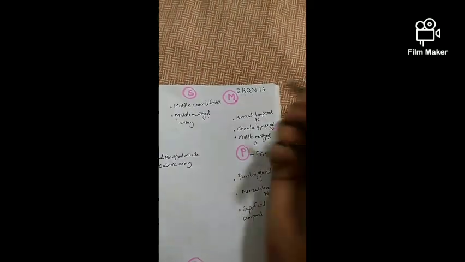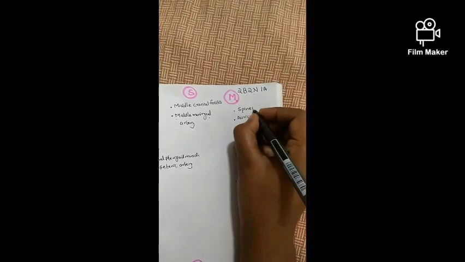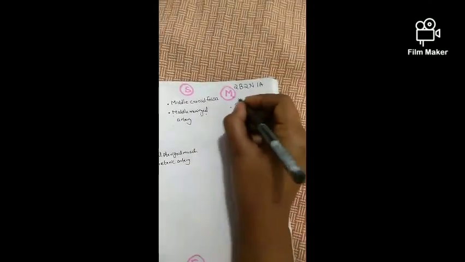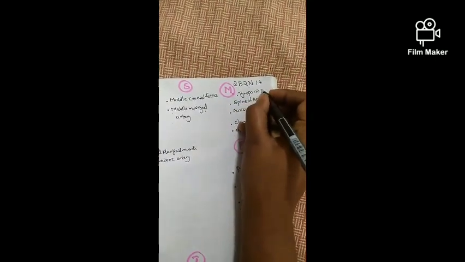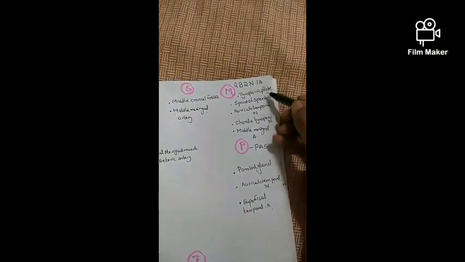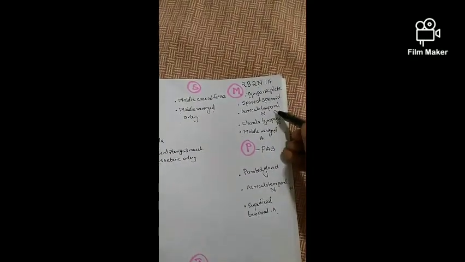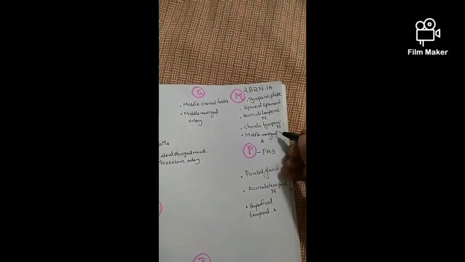The two bones are the spine of sphenoid and the tympanic plate. So two bones, tympanic plate and spine of sphenoid, two nerves, auriculotemporal nerve and chorda tympani nerve, and one artery, the middle meningeal artery.